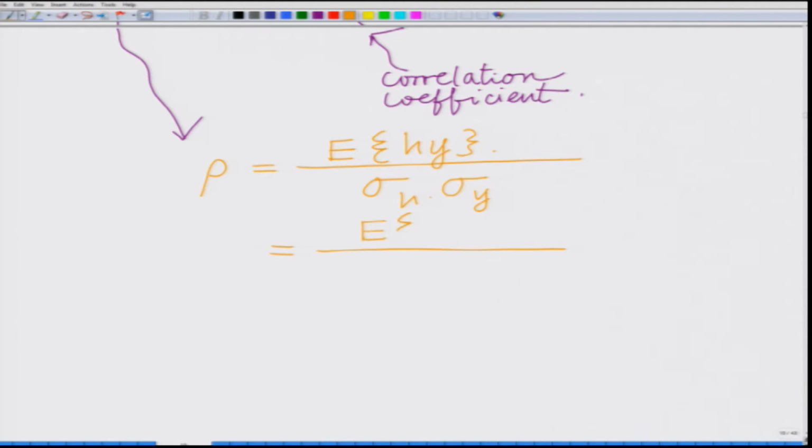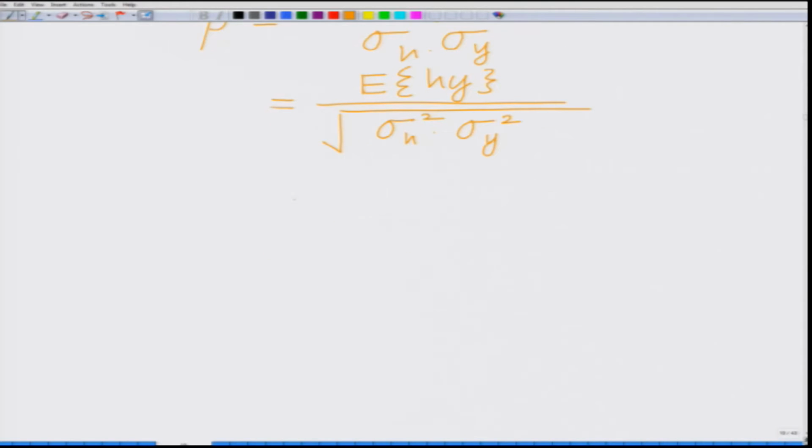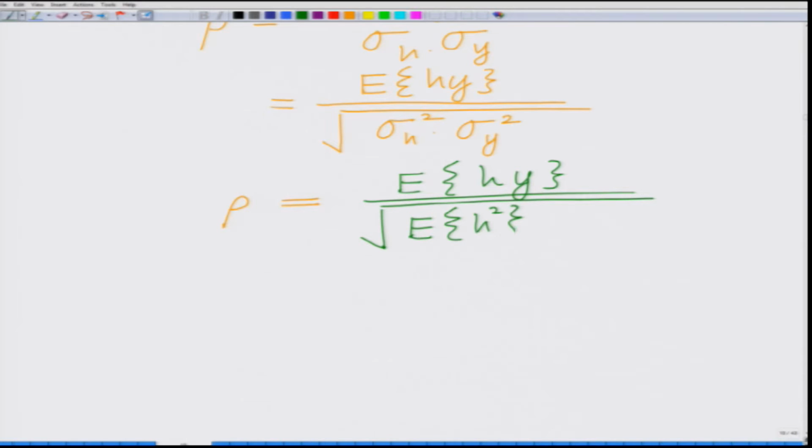This can be written as rho equals the expected value of h times y divided by the square root of sigma h square sigma y square, where sigma h square is the expected value of h square and sigma y square is the expected value of y square. So this is the definition of your correlation coefficient. Remember, this is rho, the correlation coefficient.